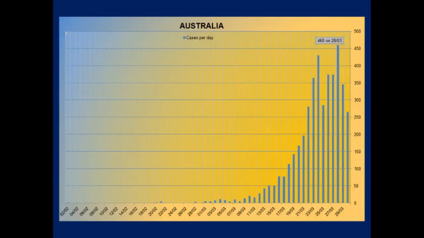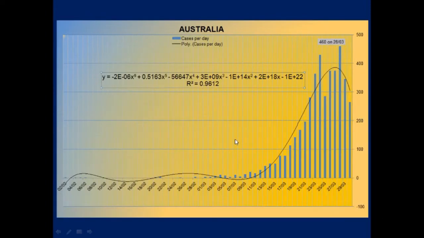As for Australia, it looks like it's reducing a bit. The largest number was 460 cases on 28th of March. And if I try to add in the trend line, it's showing a curve which is downwards after 27th of March.